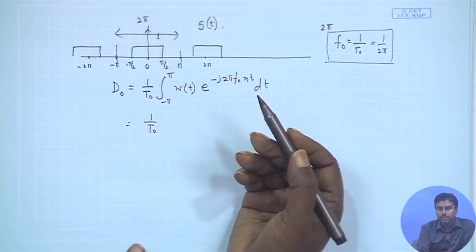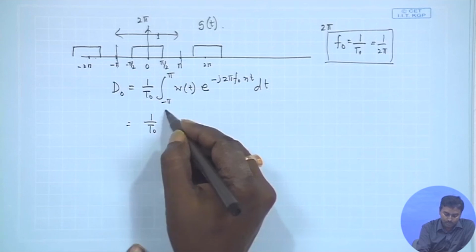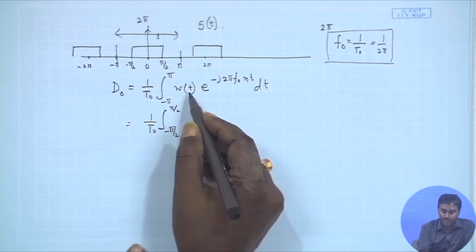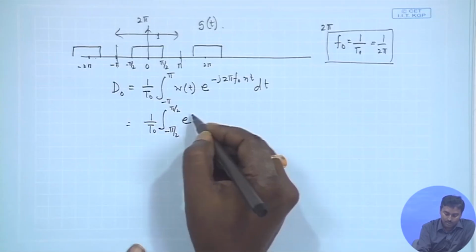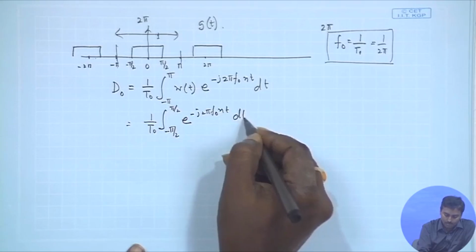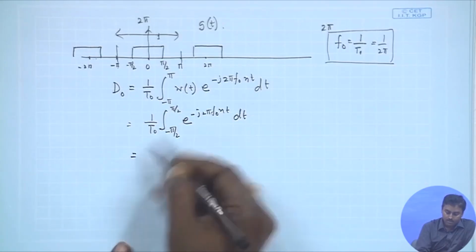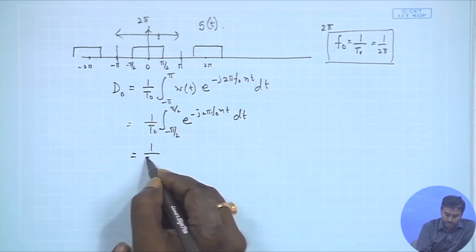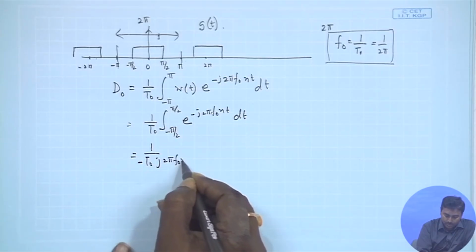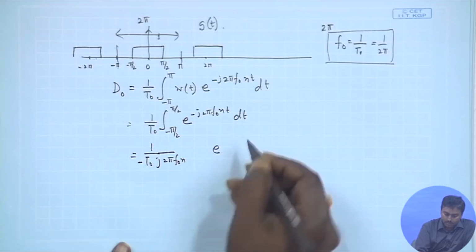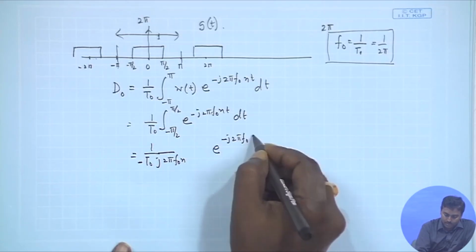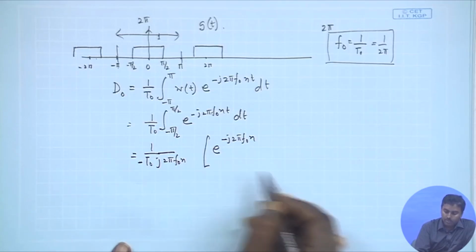So it is only defined between minus pi by 2 to plus pi by 2, and the value is 1, right. So just do the integration, it should be 1 by T0 times e to the power minus j 2 pi f0 n t divided by minus j 2 pi f0 n. So we have to put the limit.